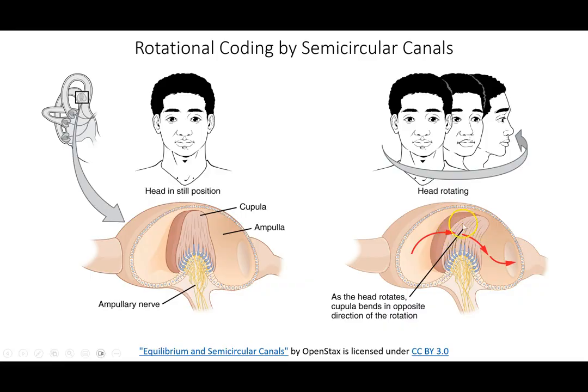I know this graphic doesn't make it the most obvious, but this would be going to the right. So we are not looking at a mirror image here, but we are up here. And then that movement, again, gets transferred into electrical impulses to be sent to the brain.